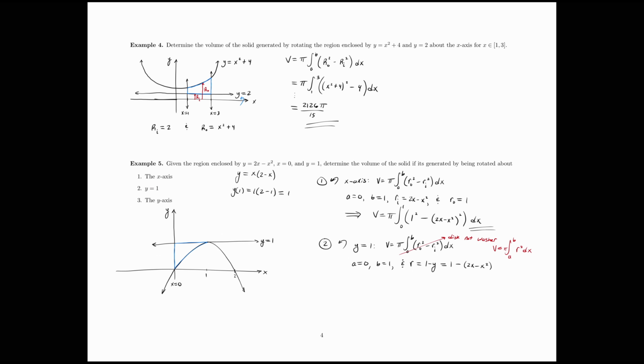Okay. So our volume of the solid, V, becomes pi times the integral from 0 to 1 of the radius, which is 1 minus 2x plus x squared if we distribute, radius squared dx.